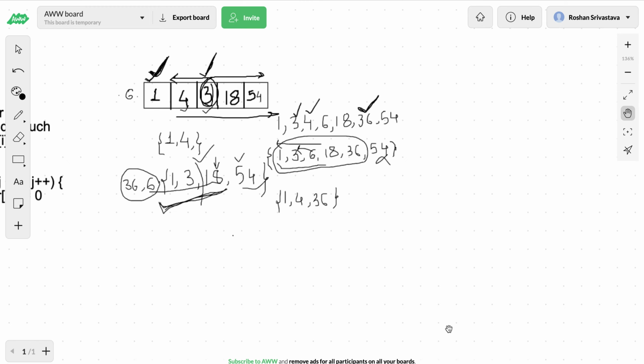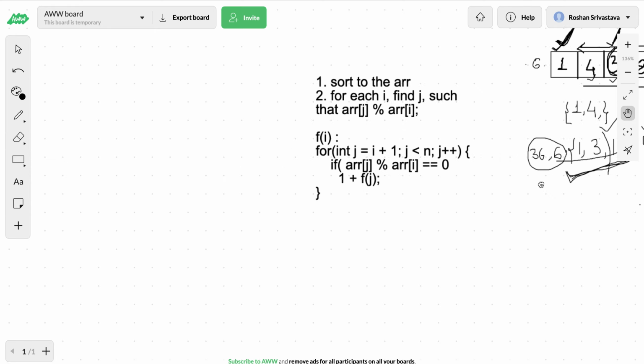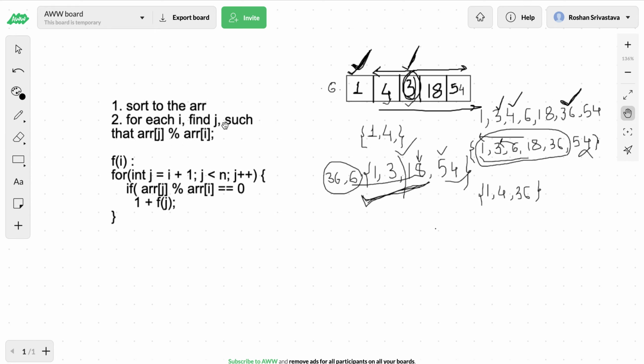So now that we have seen that sorting this array can give a very good optimization on time, what should be our general approach? So let's talk about that. The first thing that we are going to do with the input array is to sort it, and then what we can say with our problem is: what will be the maximum such subset if we start from the ith index?